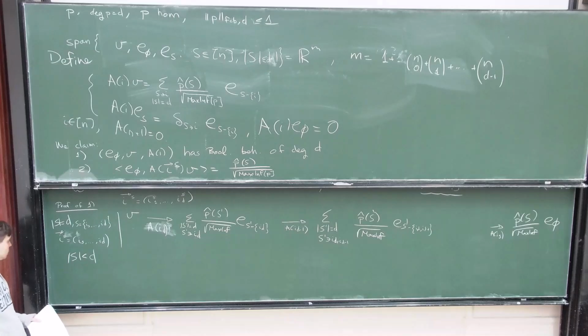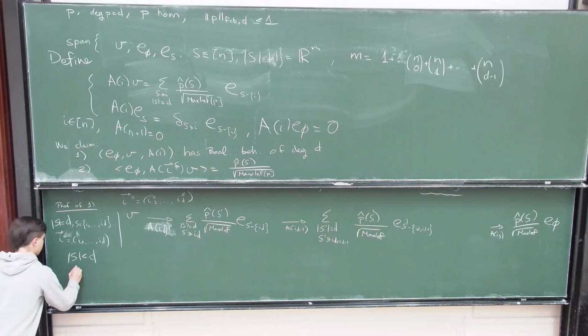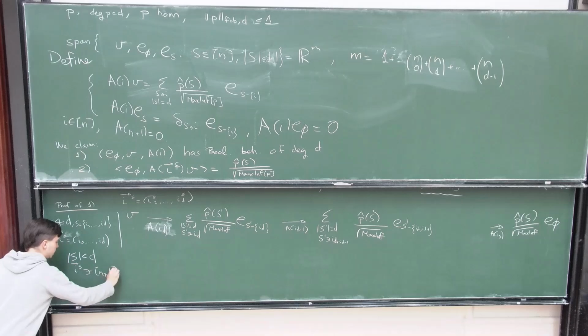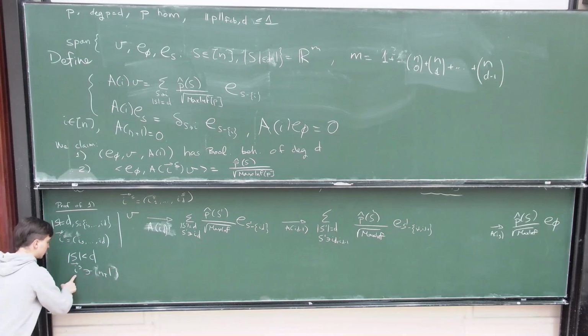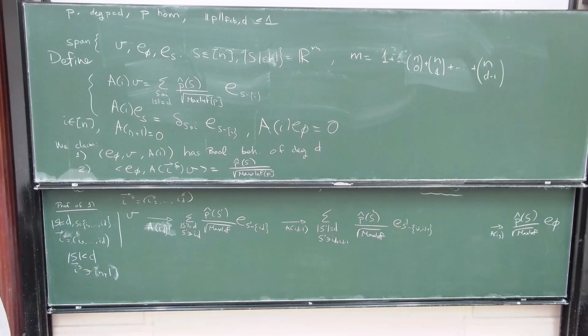Then there are a few i's that correspond to S. Some of these i's, and this is kind of an abuse of notation, are going to have n plus 1 inside. So maybe some of these i's have some entry that equals n plus 1.